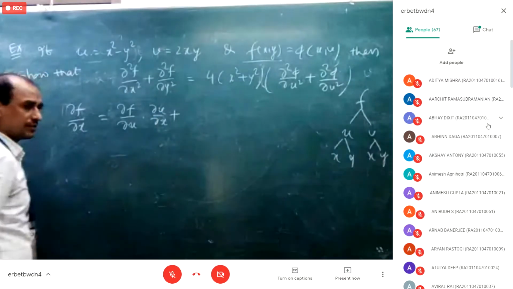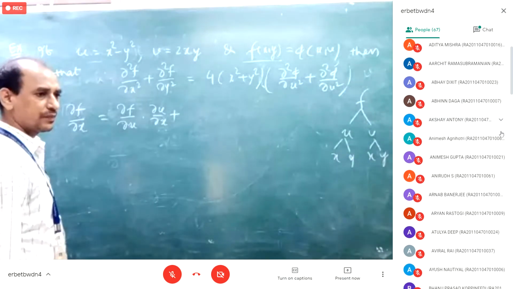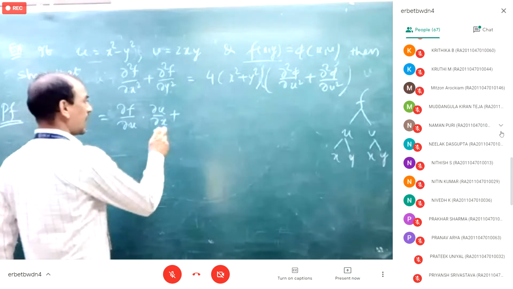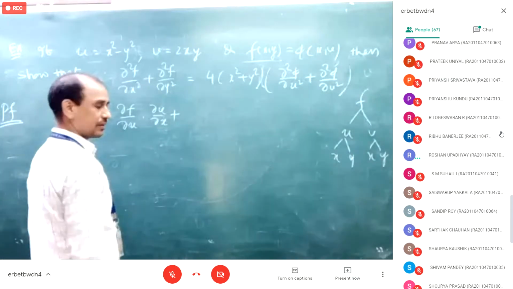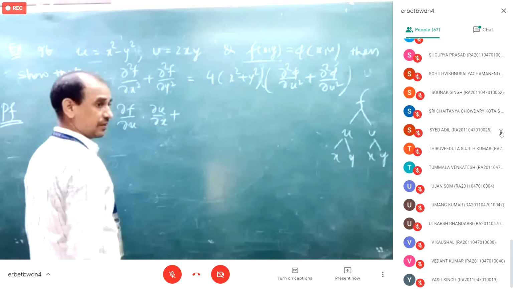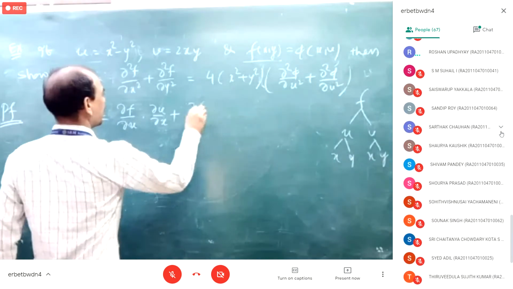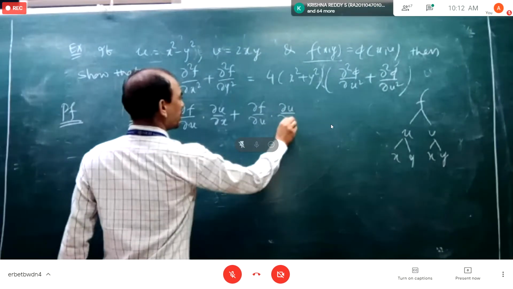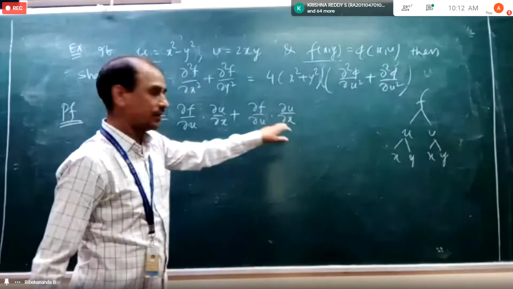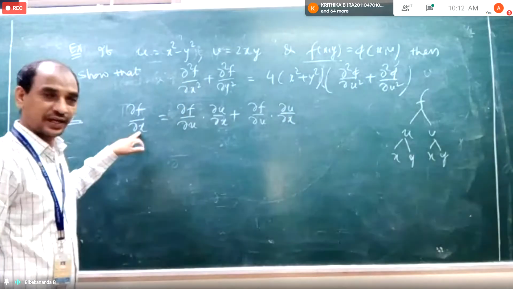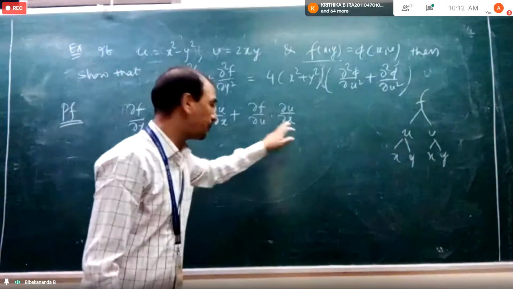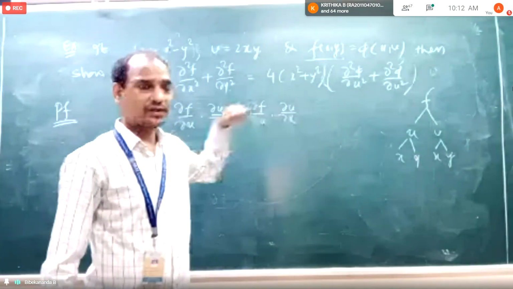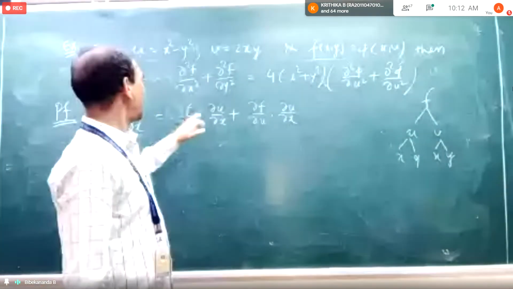Plus, next term, I am using the chain rule. Another variable is v, so dou f by dou v into dou v by dou x. Don't write y here, because we are differentiating with respect to x. Everywhere the differentiation should be with respect to x. Don't bring y here. Okay. So now dou f by dou x equals this.